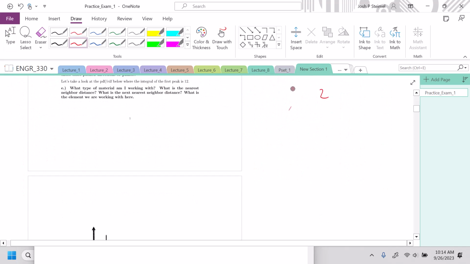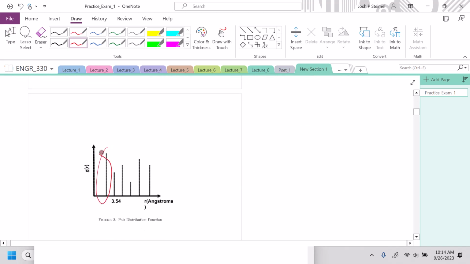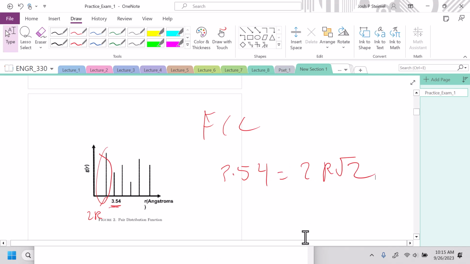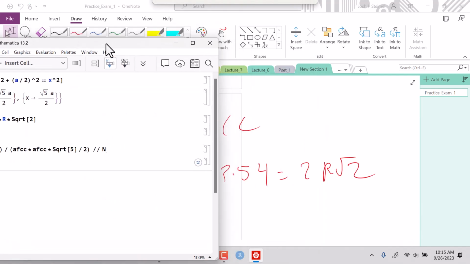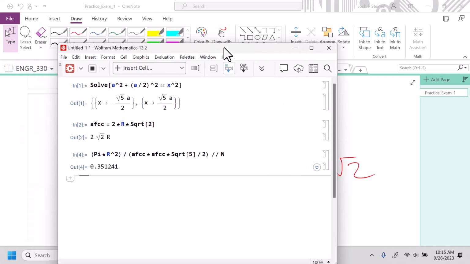So the first peak, the integral of the first peak is 12. So automatically I know this material is FCC. So I know that this distance is going to be 2r. This 3.54 is equal to 2r times square root of 2. So I can go ahead and solve for r.